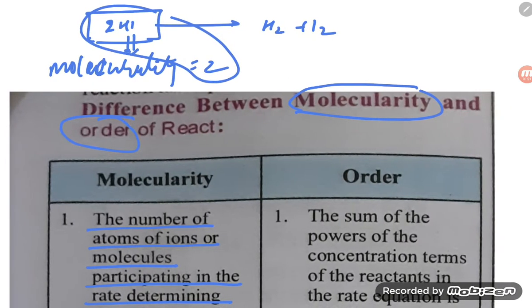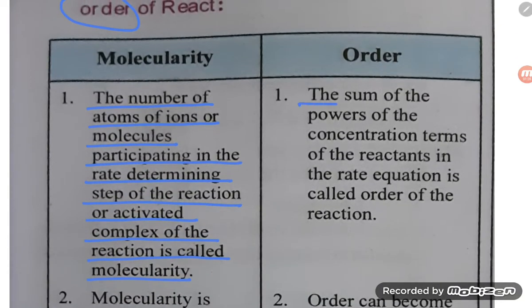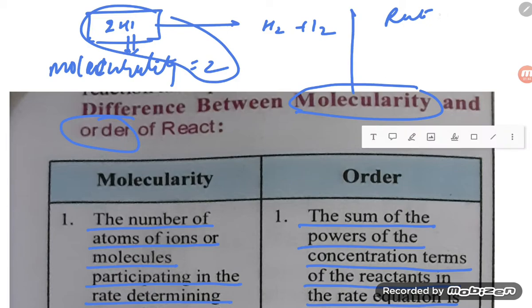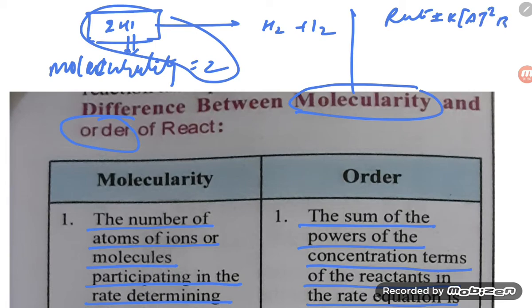But when you are talking about the order, the sum of the powers of the concentration terms of the reactants in the rate equation is called the order of the reaction. Suppose for any other reaction the rate expression is: rate = k [A]^2 [B]^1.